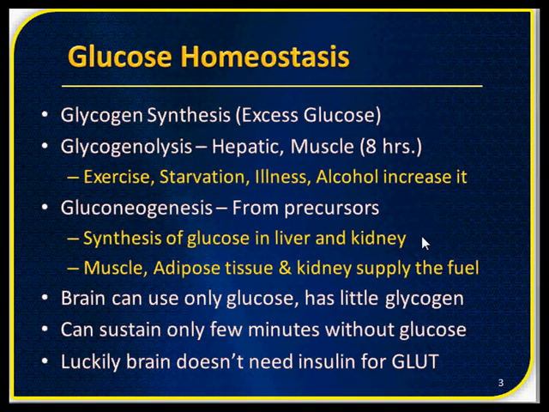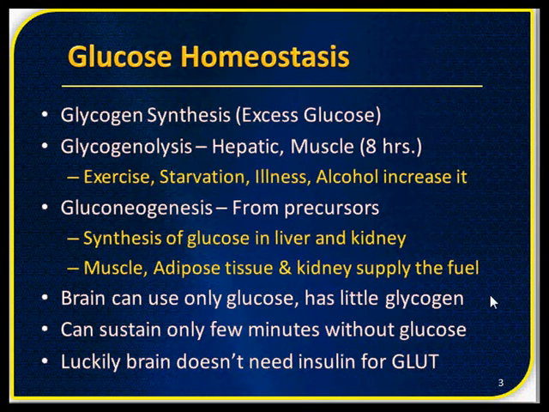This occurs mainly in the liver and the kidney, while muscle and adipose tissue supply the fuels. The fatty acids come from the adipose tissue, the muscle gives the protein, and the kidney also gives some of these precursors, and all these together are combined to form new glucose.